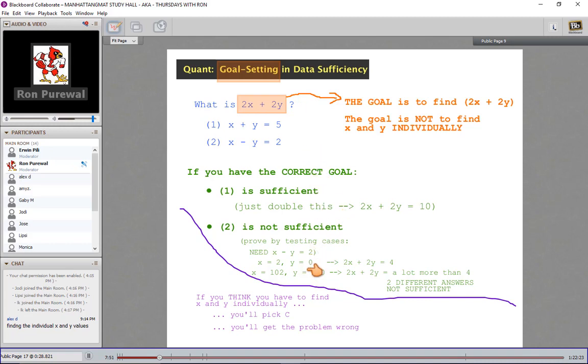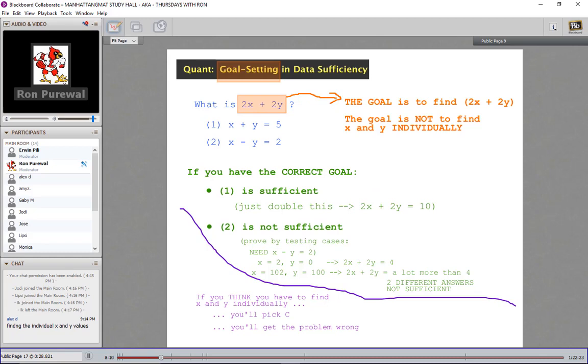And it turns out here that you don't have to. So they basically invented the entire problem type of data sufficiency so that this approach would not work and this approach does. So goals, they are things.